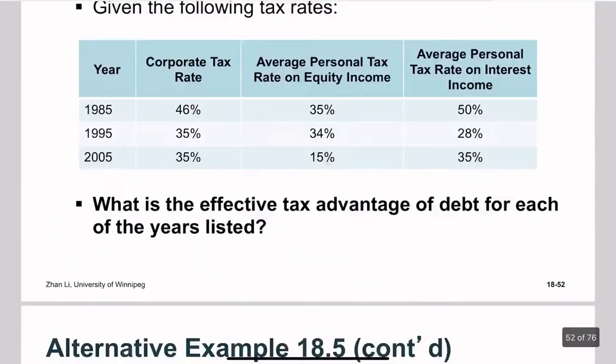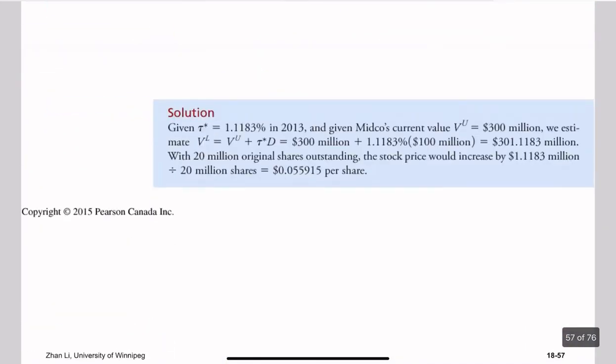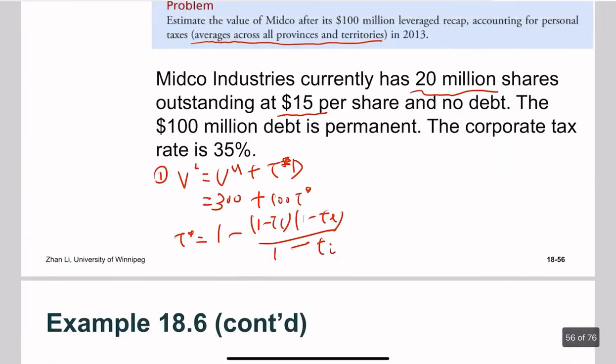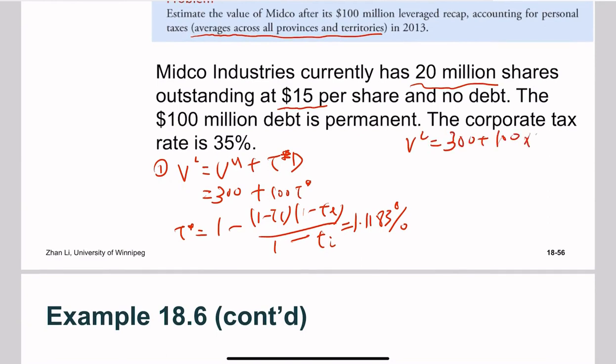Right? So we could just directly use this number here. So it's 1.1183%. This implies after leverage recap, the firm's value would be given by this, which is 301.1183.